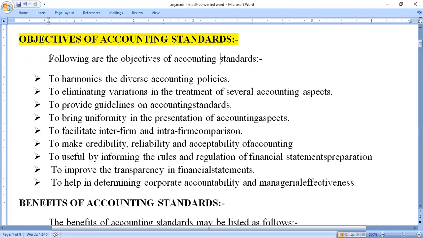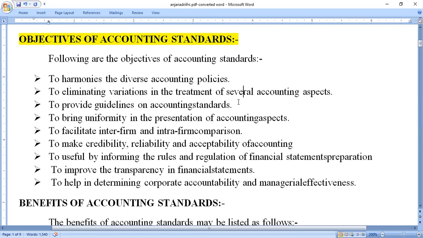Therefore, the major objectives of accounting standards: the first one is to harmonize the diverse accounting policies. See, diverse is nothing but different accounting policies. In India, there are different states. In Karnataka, Andhra Pradesh, Tamil Nadu, each and every state has its own accounting policies. In that situation, accounting standards give uniform rules and regulations.